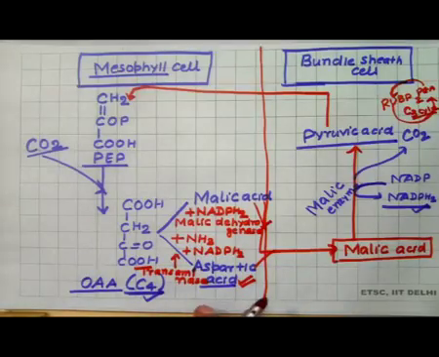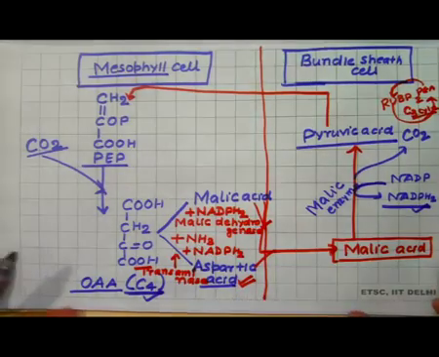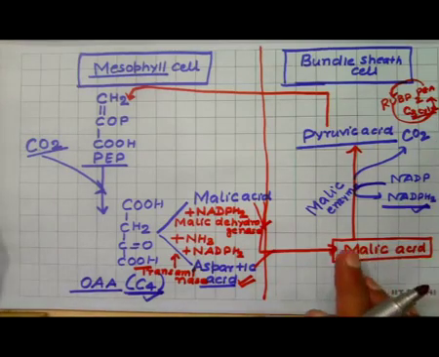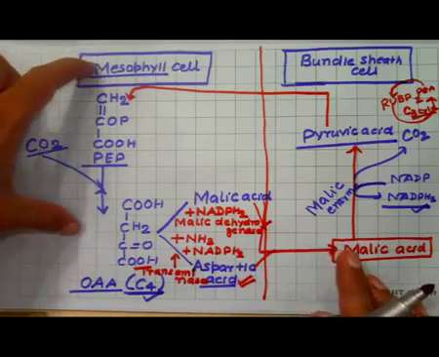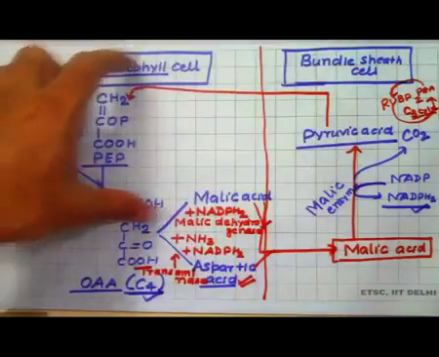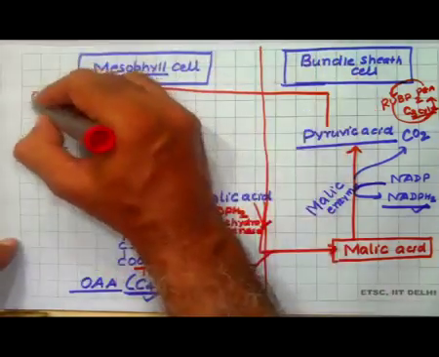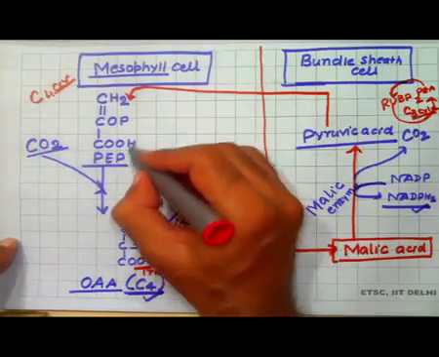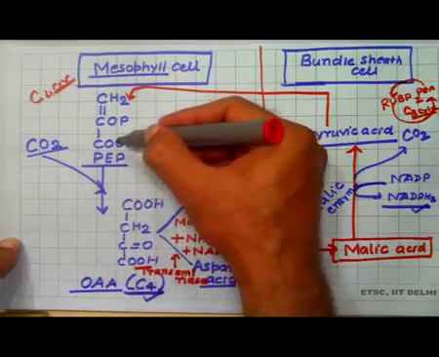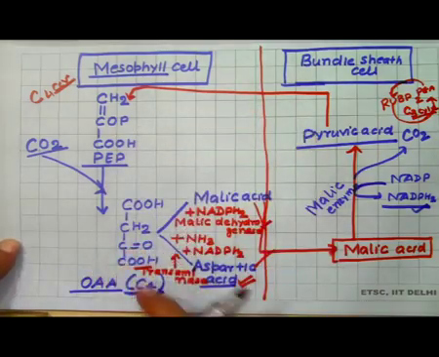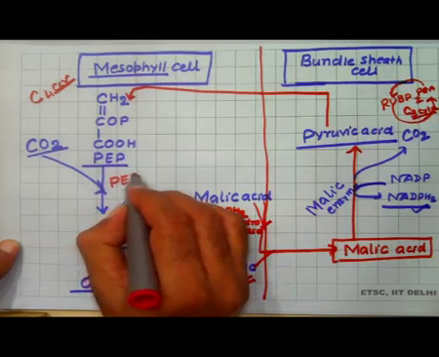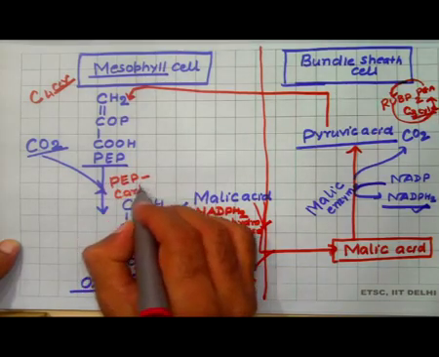So, in another word we can say that both the bundle sheath cell and the mesophyll cell are involved in the C4 cycle, and the enzyme when PEP is converted into oxaloacetic acid is called PEP carboxylase.